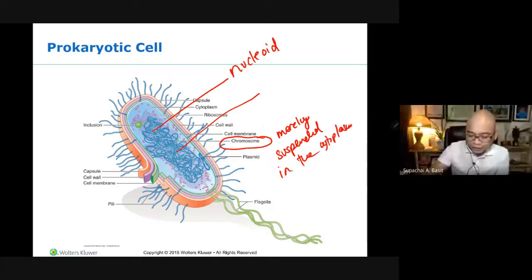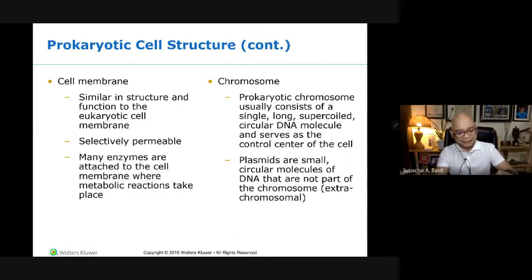Unlike in eukaryotic cell, the chromosomes are being enclosed inside the nuclear membrane. But since this particular cell doesn't have any nuclear membrane at all, the chromosomes are merely suspended within the cytoplasm. Okay? So later on, we will be discussing what are the different parts of a prokaryotic cell.